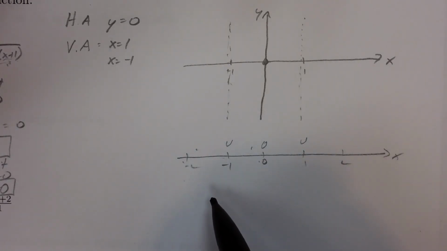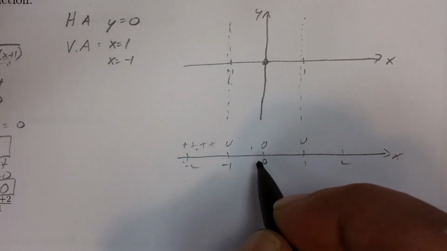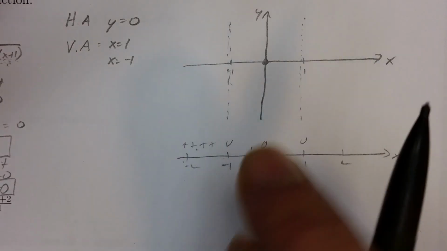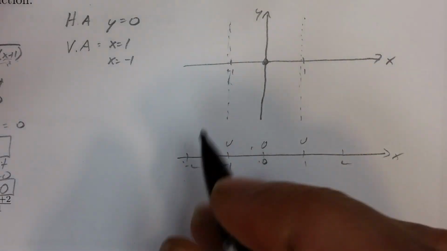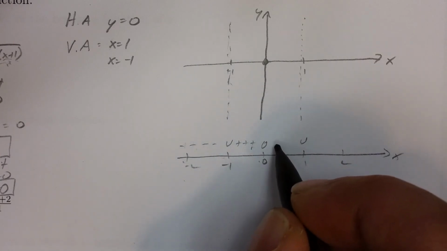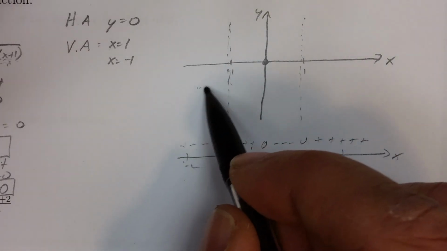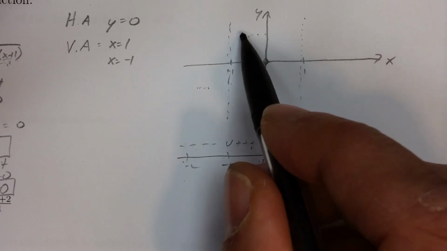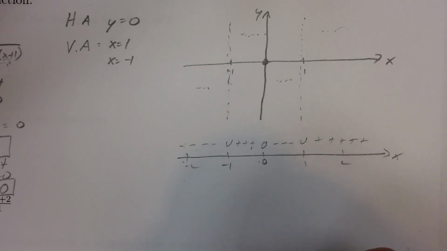If we do that, we will see that the curve comes out positive over here, negative over here, then it comes out positive, then negative, and then positive again. So we can see it's below the x-axis over here, above the x-axis over here, below the x-axis over here, and above the x-axis over here.